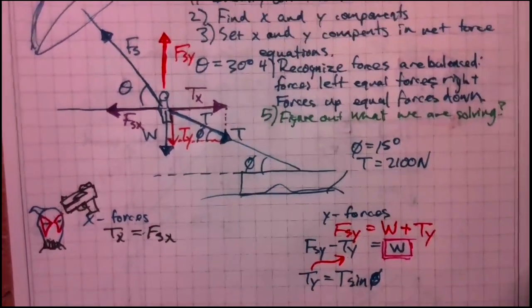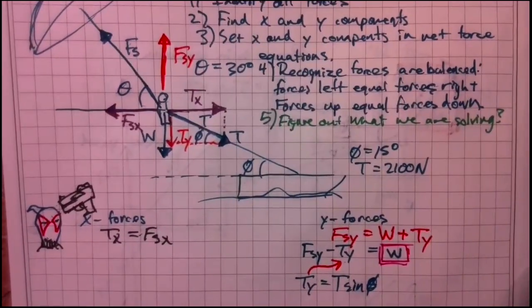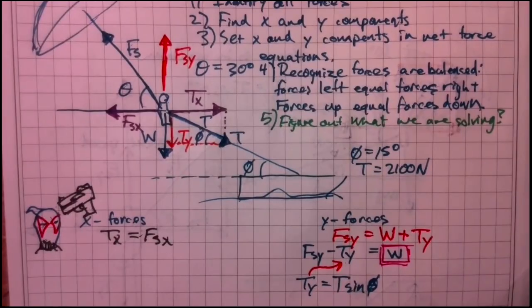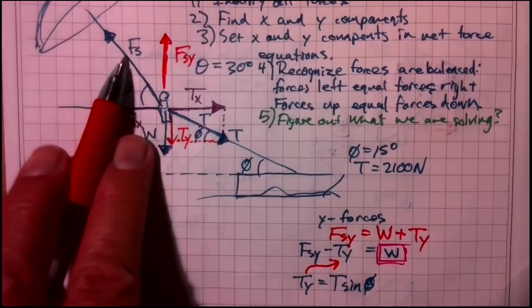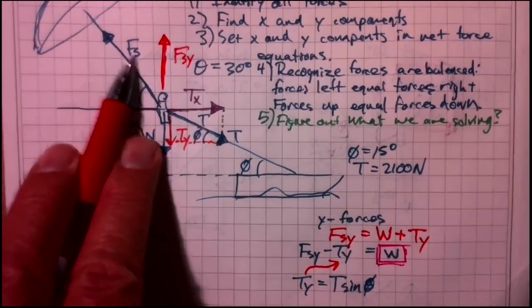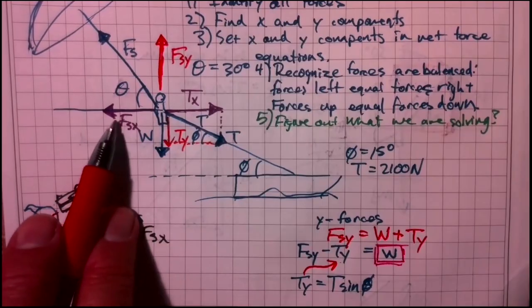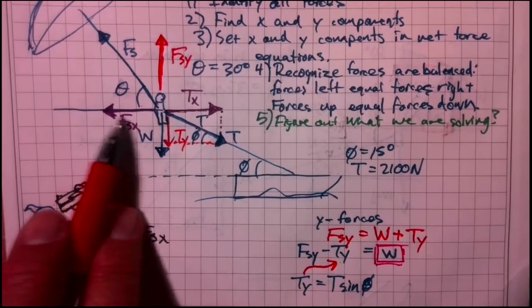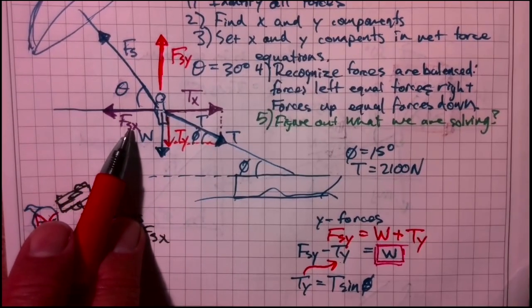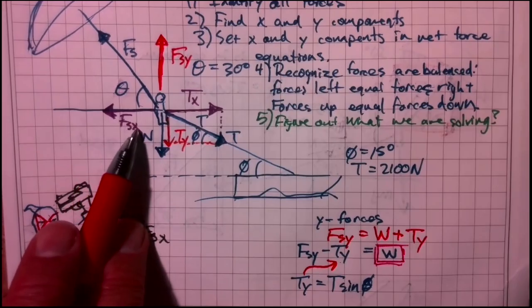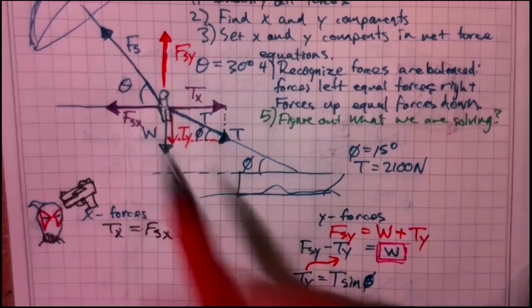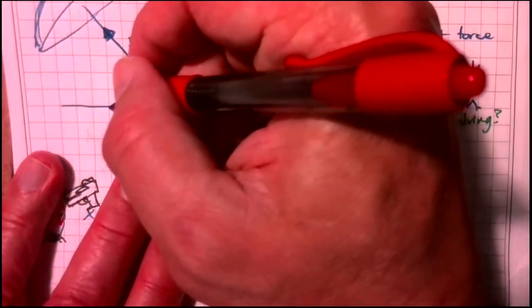So let's look at our diagram here. We don't know what the force is in this cable. We don't know what the hypotenuse of this triangle is here, but if we know what F of S of X is, F of S Y, we can just draw this one.